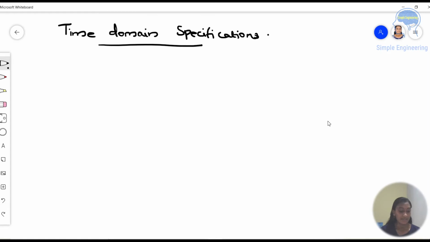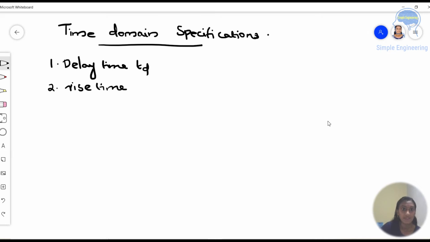Time domain specifications. In this, we are going to discuss delay time, which is denoted as TD. Next is rise time, which is denoted as TR.